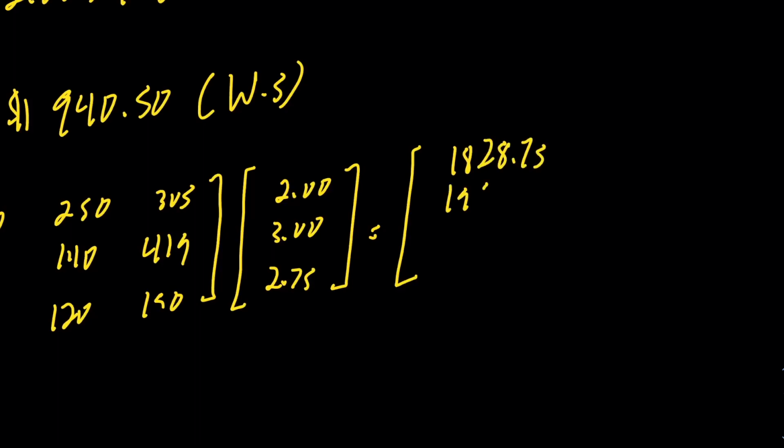I'm just recording these values down so we can show what our work has led to. And there you go. The product of these matrices is a 3x1 matrix giving the total sales for each of the 3 stands.